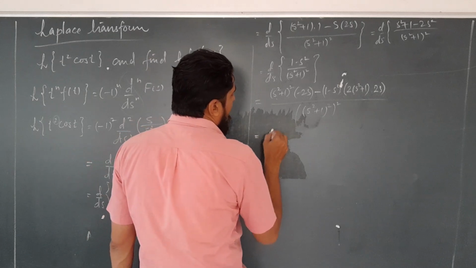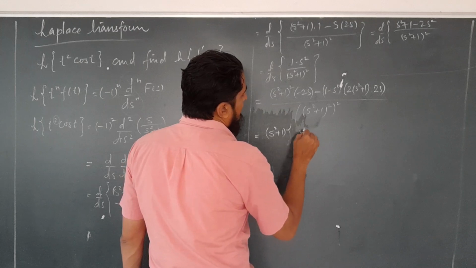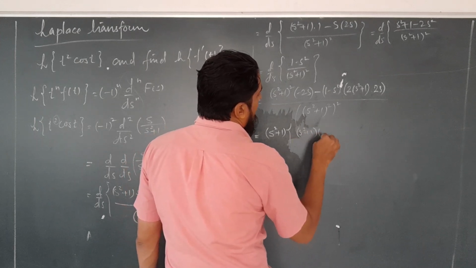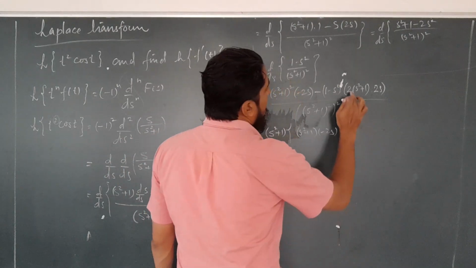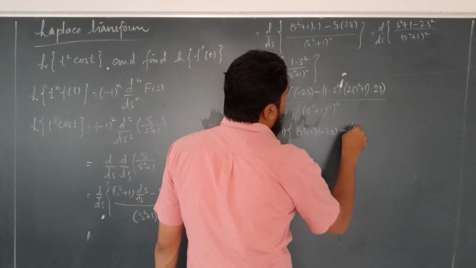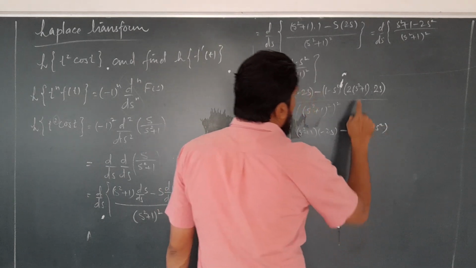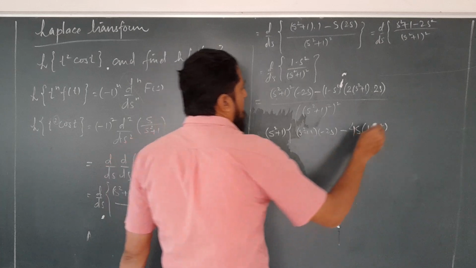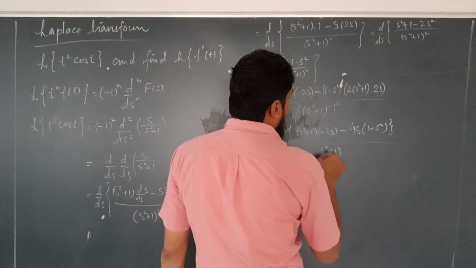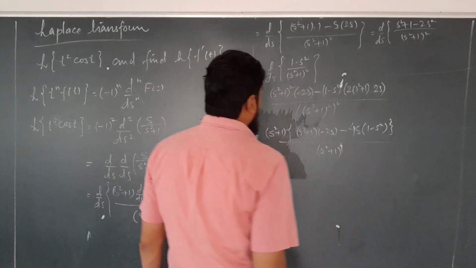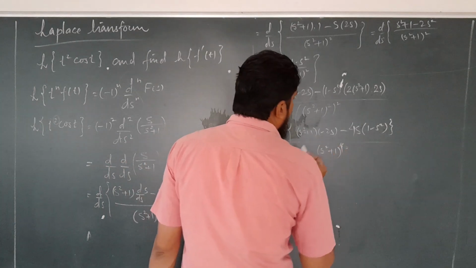We can take it outside. s square plus 1 taking outside, we will get (s square plus 1) minus 2s, minus 2 to the 4, s times (1 minus s square plus 1), we have already taken outside, upon (s square plus 1) raised to 4. s square plus 1, and these 4 get cancelled, we will get 3 here.